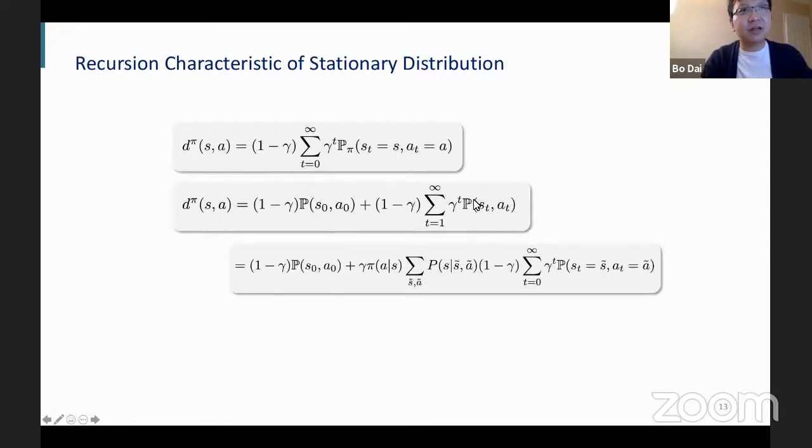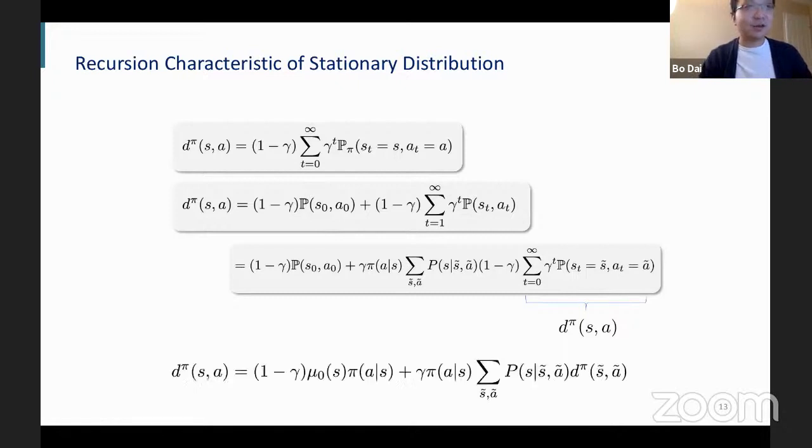Because this is t equals 0, it gives the next state, so this component comes out, and the rest part will be t equals 1. And remember, by our definition, this component will be the stationary distribution. So it gives you this characteristic recursion about the stationary distribution.